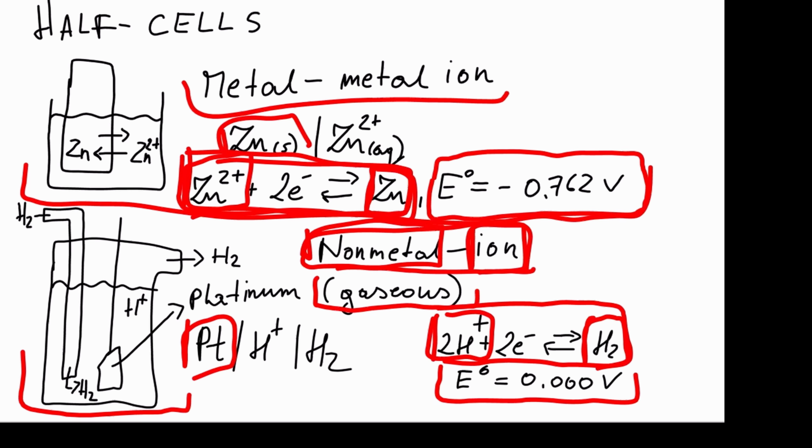However, we need metal in this half cell, metal which is immersed in the electrolyte solution. You could see it here. Metal is a matrix for exchanging the charge.